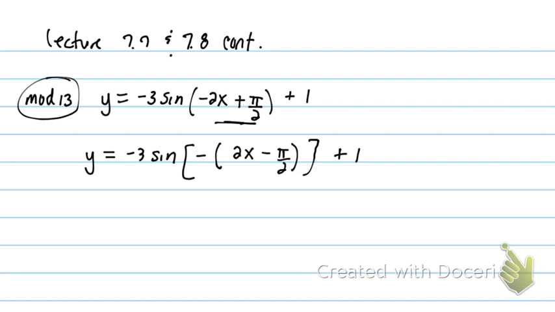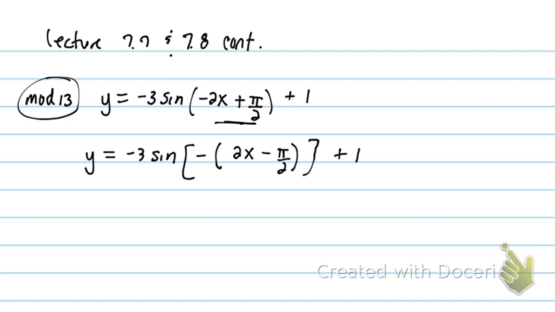Okay, now I picked a good one because cosine is a piece of cake. With cosine, all you have to do is just drop the negative and work with 2x minus pi over 2. Why is that? Because cosine is an even function, which we think of kind of like positive. Even meaning that you just drop that negative, it's done.